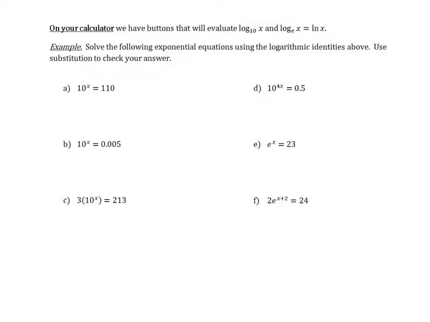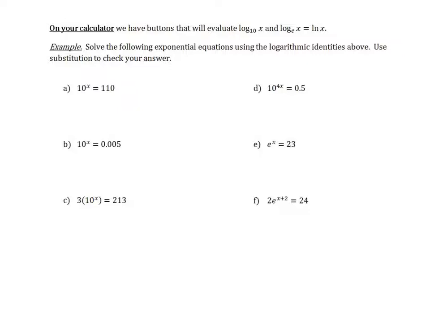So let's start by understanding logarithms on our equation here. Logarithms are the key to solving these exponential equations. So using our calculator, we can do two things. We can do a log base 10 of x or log base e. e is Euler's number. And this Euler's number is a number that just shows up a lot in nature. It's about 2.718. Okay, so on your calculator, these two things are written a little differently.